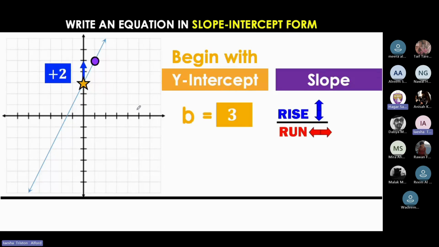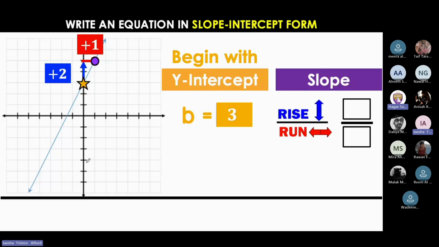Positive. Why is it positive 2? Because we went up. Now from here, are we going left or right? We're going right. How many? One. Is it a positive or negative one? Positive, because we go right.